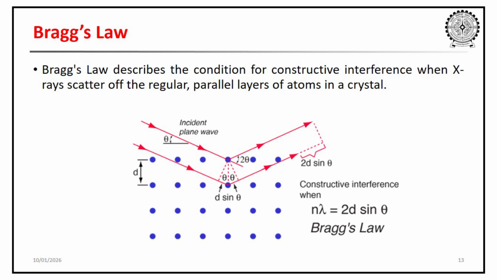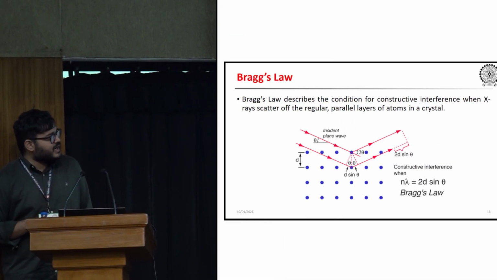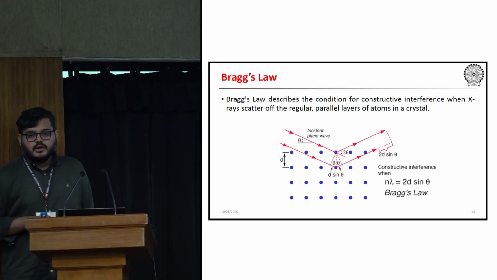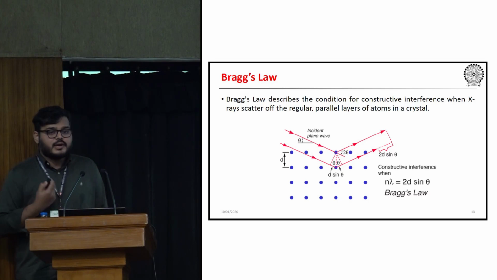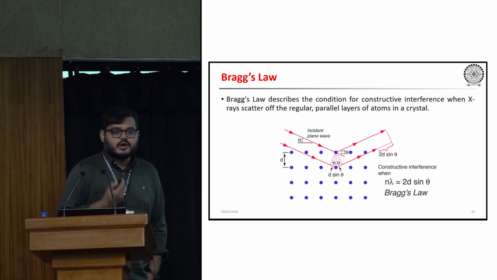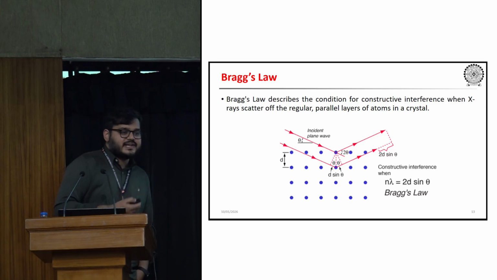Right? The fundamental principle behind X-ray diffraction is Bragg's law, where your X-rays come in and get diffracted from the crystal plane. Constructive interference for the X-rays will occur when Bragg's law is satisfied.